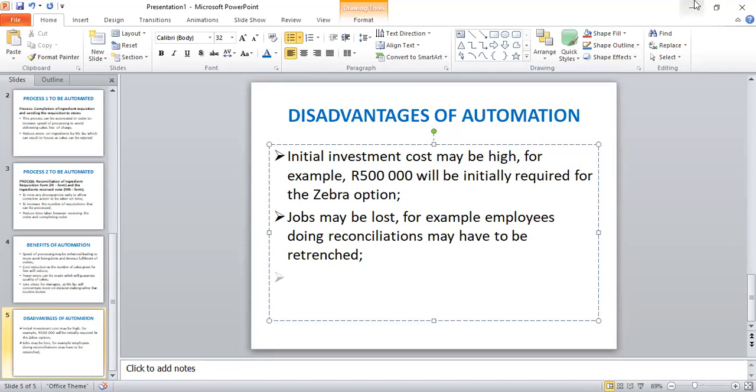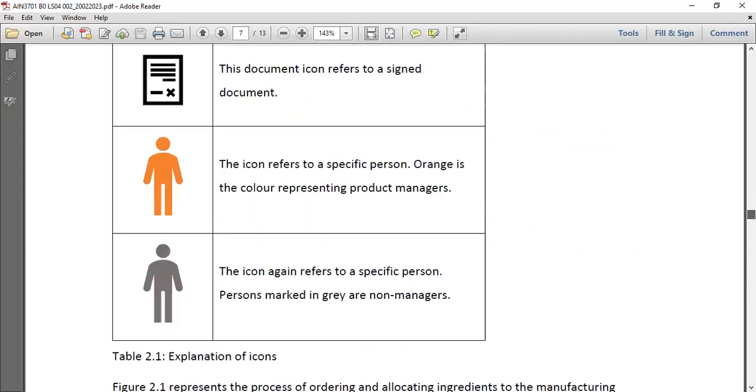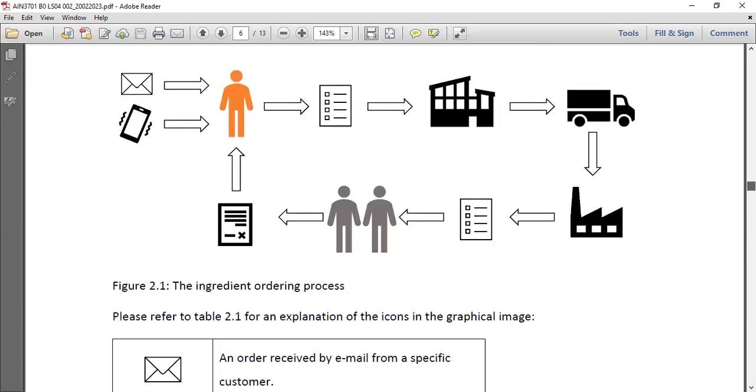Right. Then you can also look at your own, because they want 4. You can just select 2 of your own.